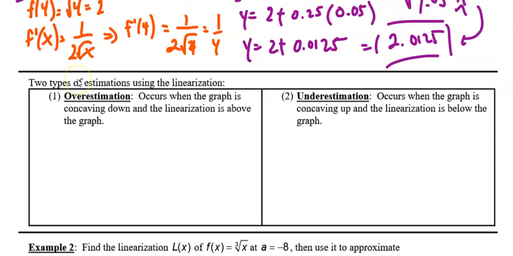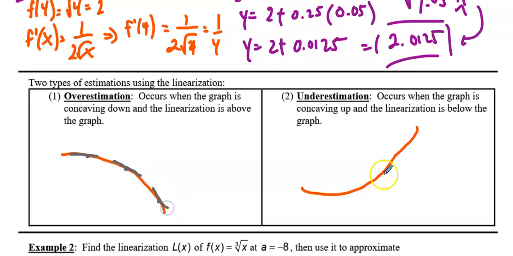And so very quickly, it's going to ask you about whether something is an over or underestimate on this. So like if you look at this exact question that we just did right here, you know, over versus under for linear approximation. So you want to look actually at, you know, if I'm looking at a curve, and you look at the second derivative. So if I'm going to be concave down versus concave up, because remember, the linear approximation is going to be the tangent line at some values.